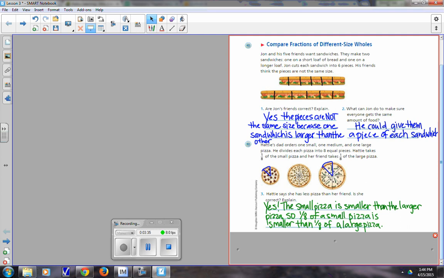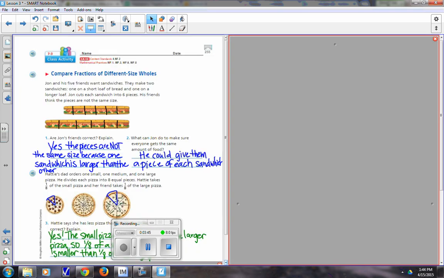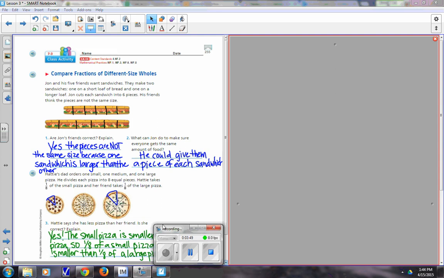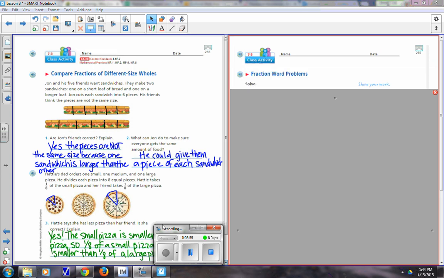So you really have to keep in mind what size whole you're talking about. The whole thing makes a difference. I'm going to show you some other real-world applications of this on page 256.